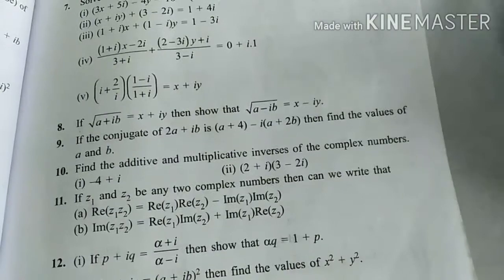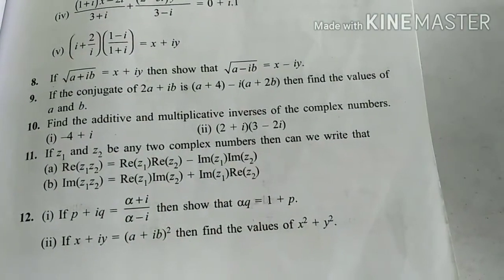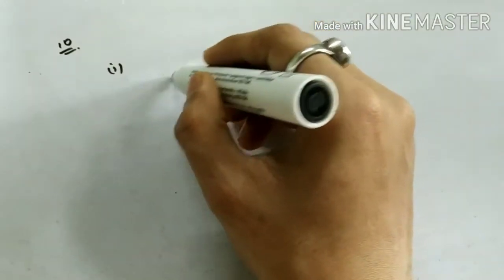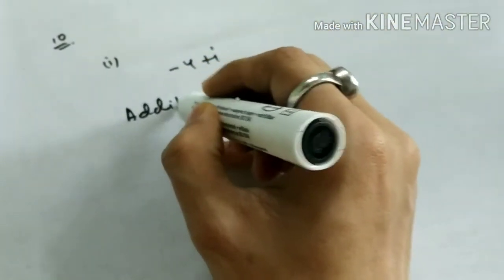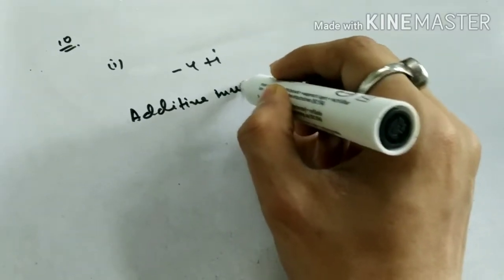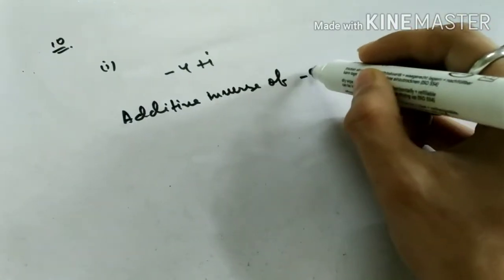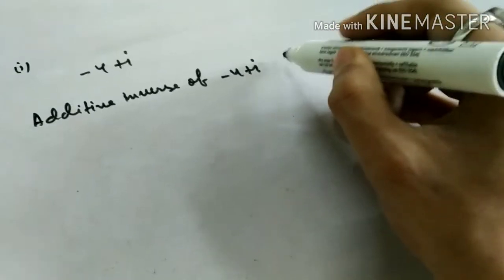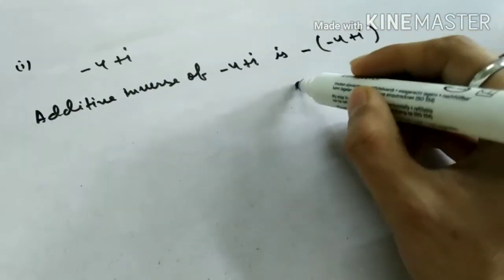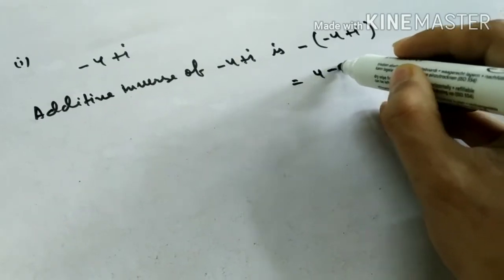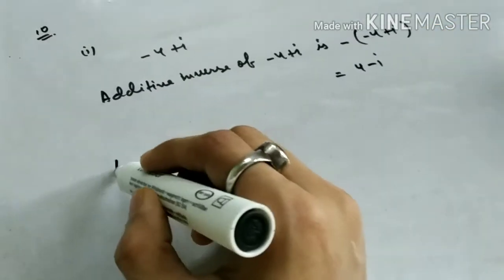Next, you see question number 10. Find the additive and multiplicative inverses of the complex numbers. So minus 4 plus i: the additive inverse of minus 4 plus i is minus of minus 4 plus i, which equals 4 minus i.